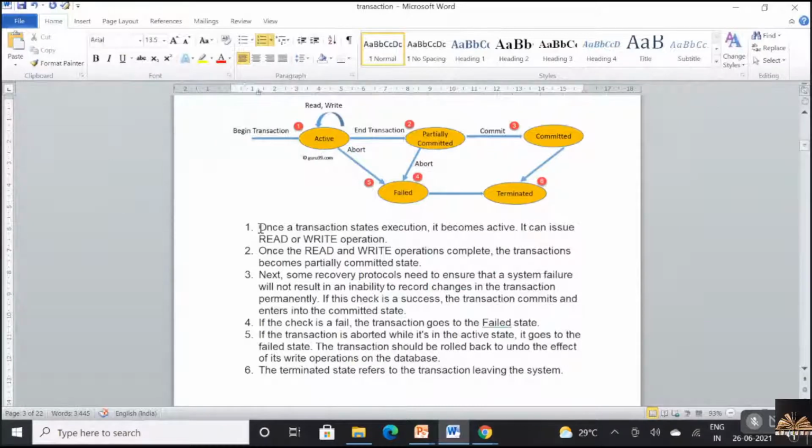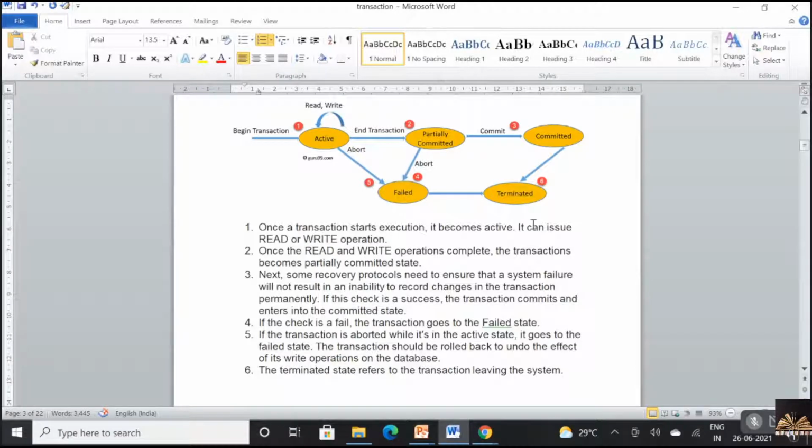Step one is active, partially committed is 2, committed is 3. Once a transaction starts execution, it becomes active. And it can issue a read or a write operation. All of you know that.